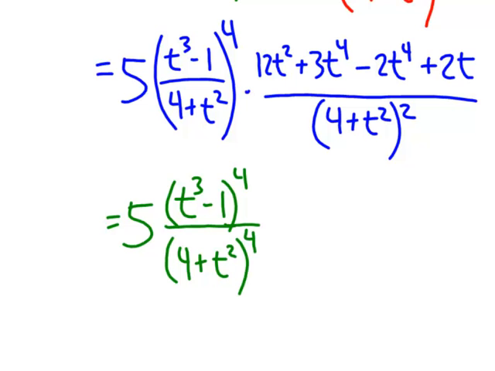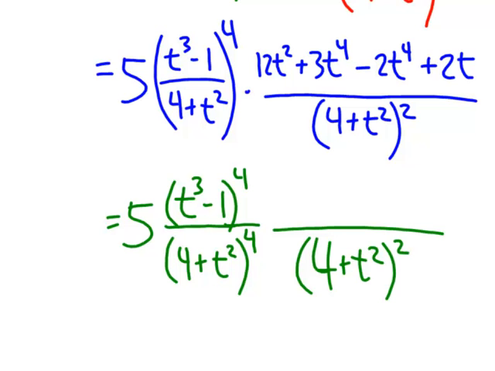So rather than have this entire quantity raised to the 4th power, separating it into one quantity to the 4th power over the other to the 4th power is going to allow me to combine with this 4 plus t squared squared in the very next step.